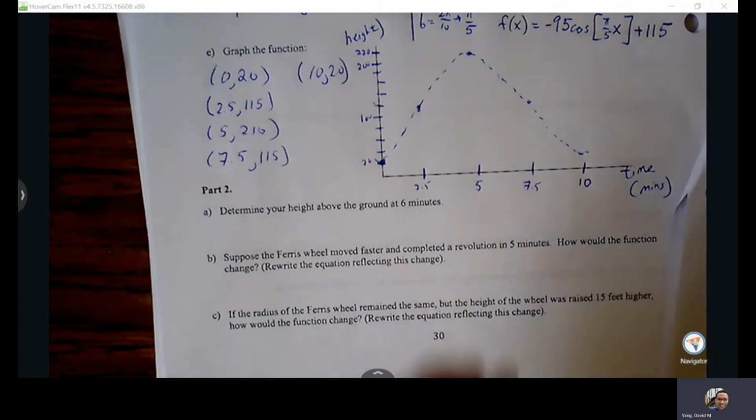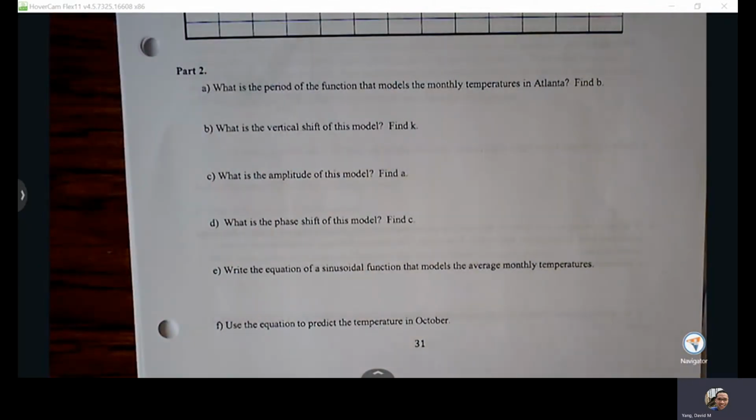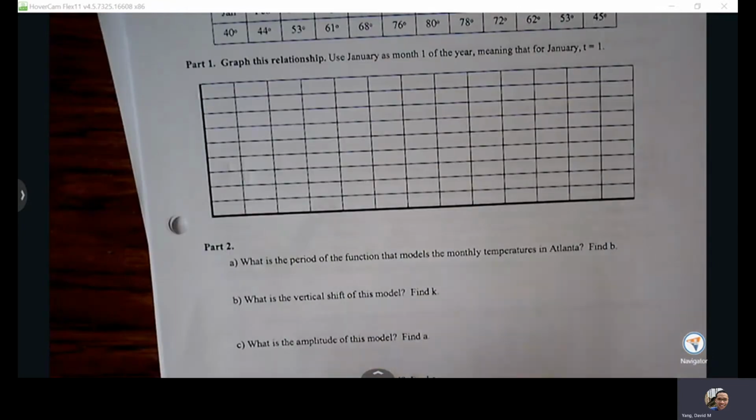So what I did on the next page was the bottom, each increment was 1 month. And then for the vertical component, I went up by tens.